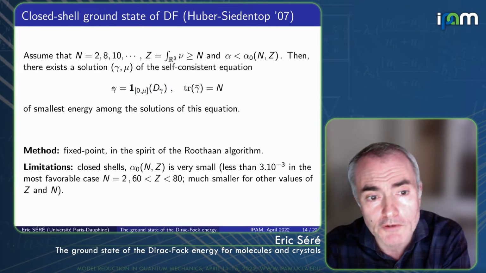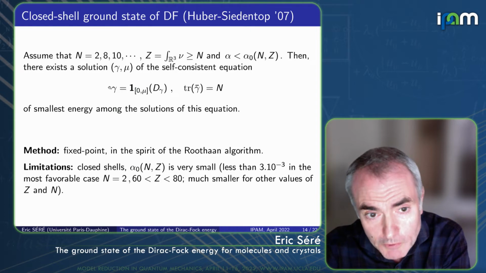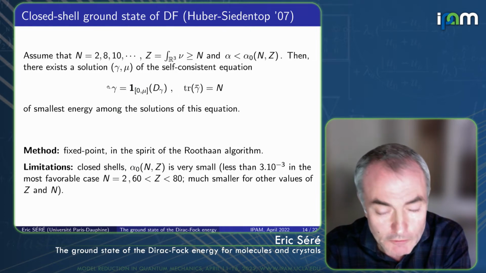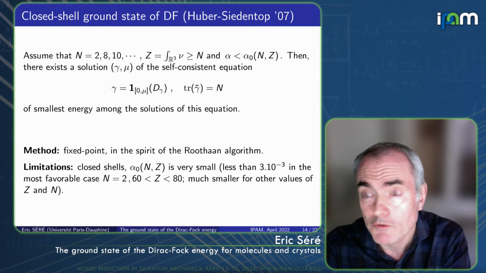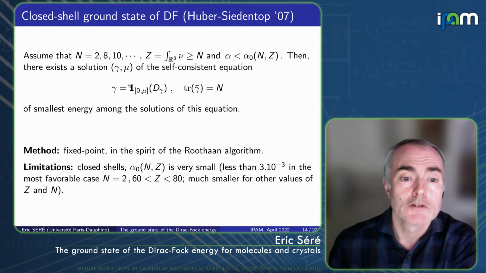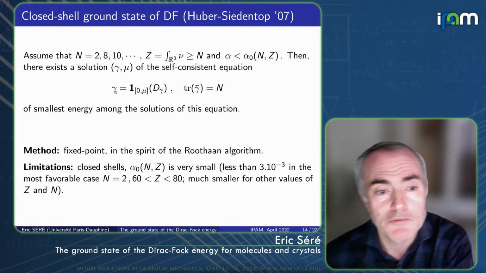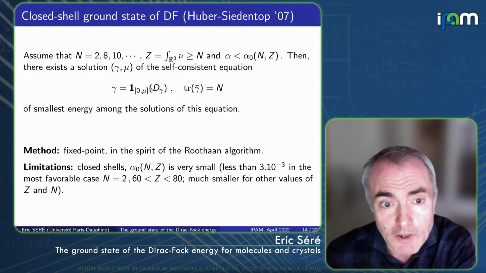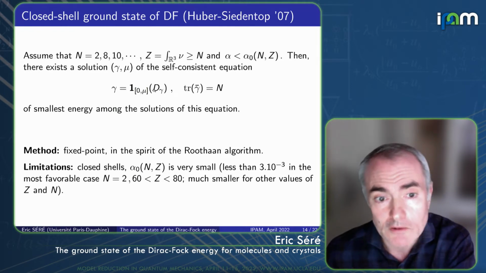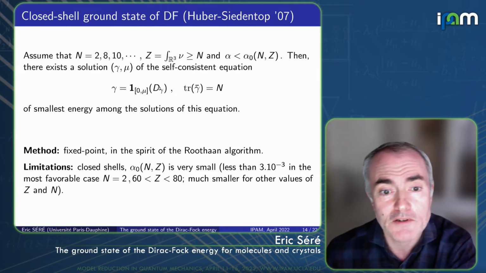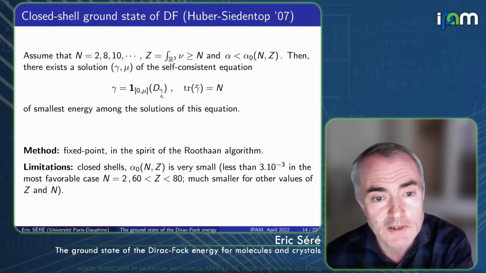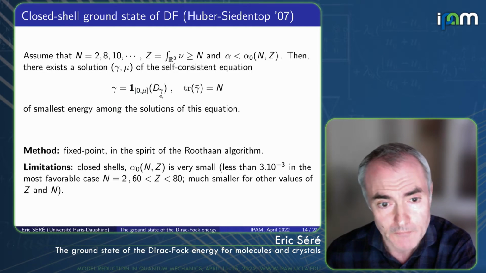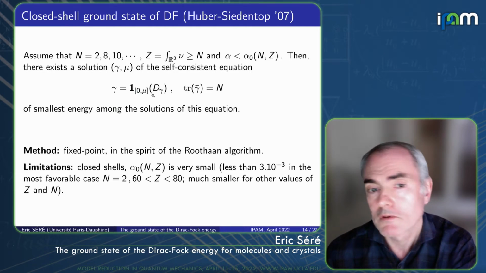And you can try to solve it as a fixed point problem by checking some contraction assumption. So you have to check that the map which to gamma associates the spectral projector, the Aufbau projector on the first n eigenstates of the mean field operator d gamma, is a contraction.